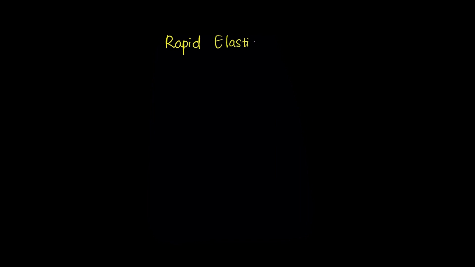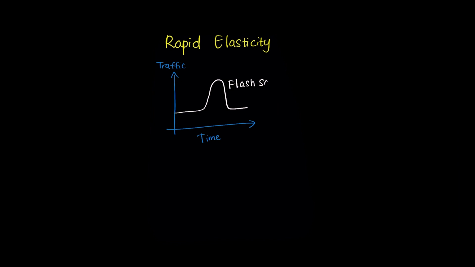Understanding rapid elasticity is crucial for modern AI systems handling variable loads. When an e-commerce platform faces flash sales, traffic can spike from hundreds to millions of requests within minutes. Static infrastructure would crash under this sudden load, while oversized permanent infrastructure wastes resources during normal periods. Rapid elasticity is the capability to automatically scale computing resources up or down based on demand.